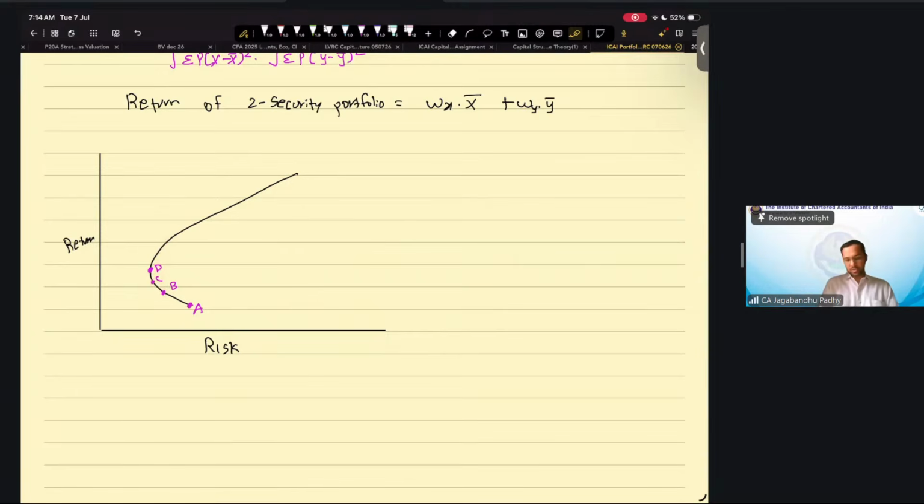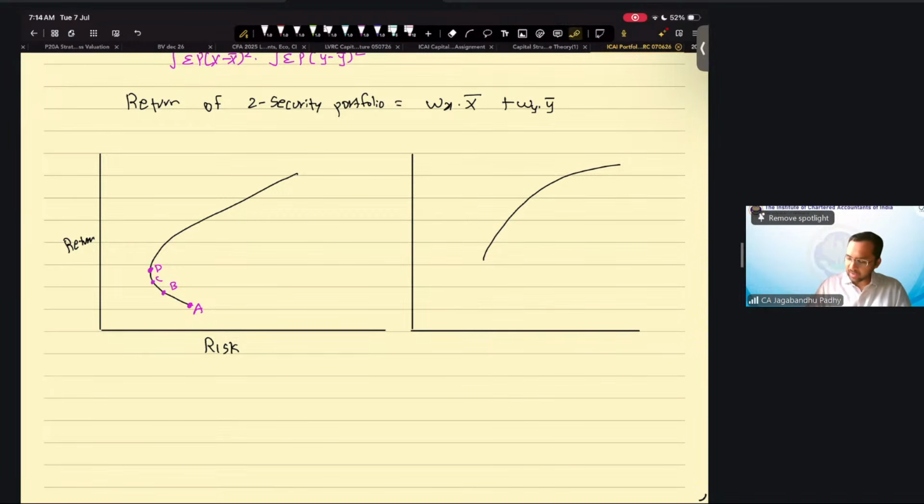So all those investors sitting on this inefficient portion are going to shift to the upper part. And ultimately, what will be left in the market is a collection of only efficient portfolios or efficient securities.